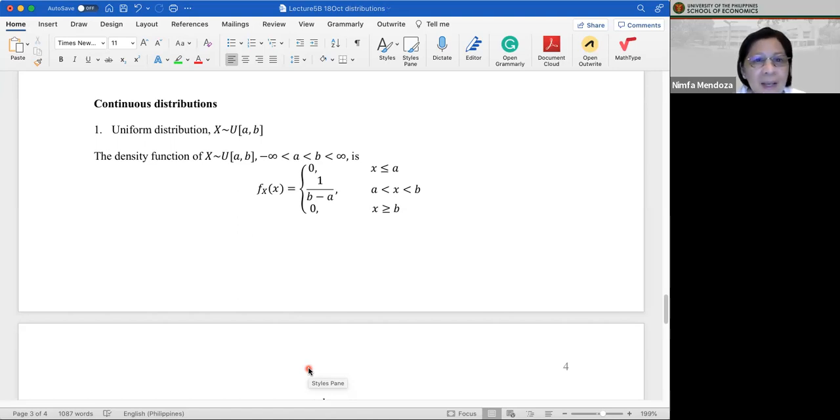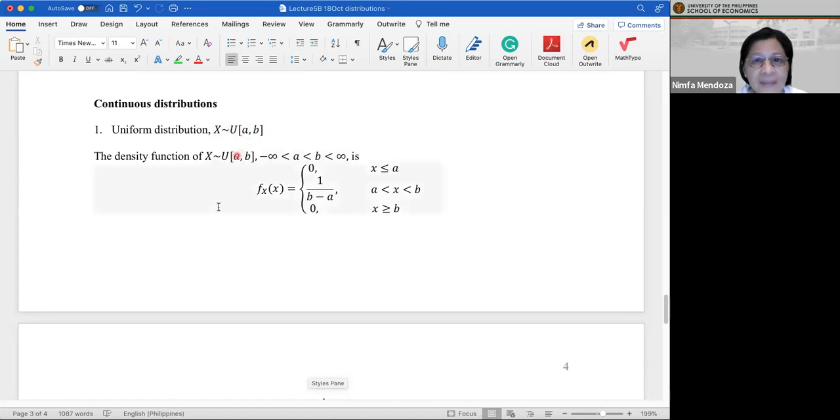Okay. So a common continuous distribution which we have used in the course is the uniform distribution. The notation is this: X is distributed U over the interval with endpoints a and b.